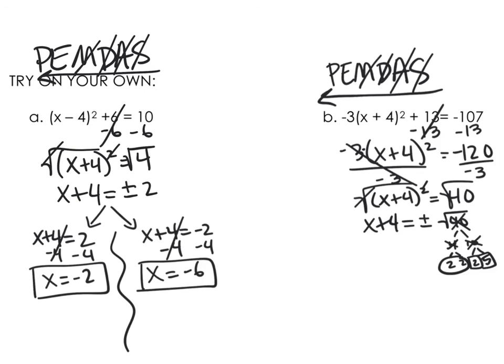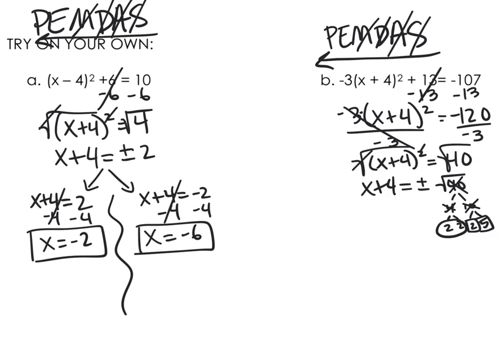So that means that I would have x plus 4 equals plus or minus 2 square root, and the 5 and 2 go inside the parentheses, and I'm going to multiply them. So that would give me 10. Now, we have x plus 4 equal to this crazy radical.